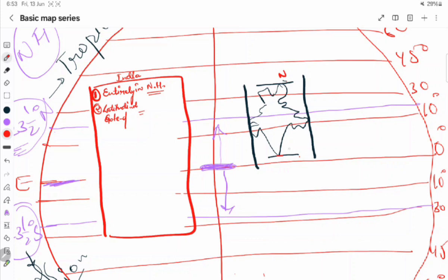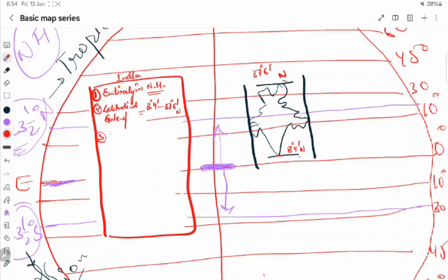This is 8 degree 4 minutes north to 37 degree 6 minutes. We'll write it here: 8.4 to 37.6 degrees northern hemisphere.